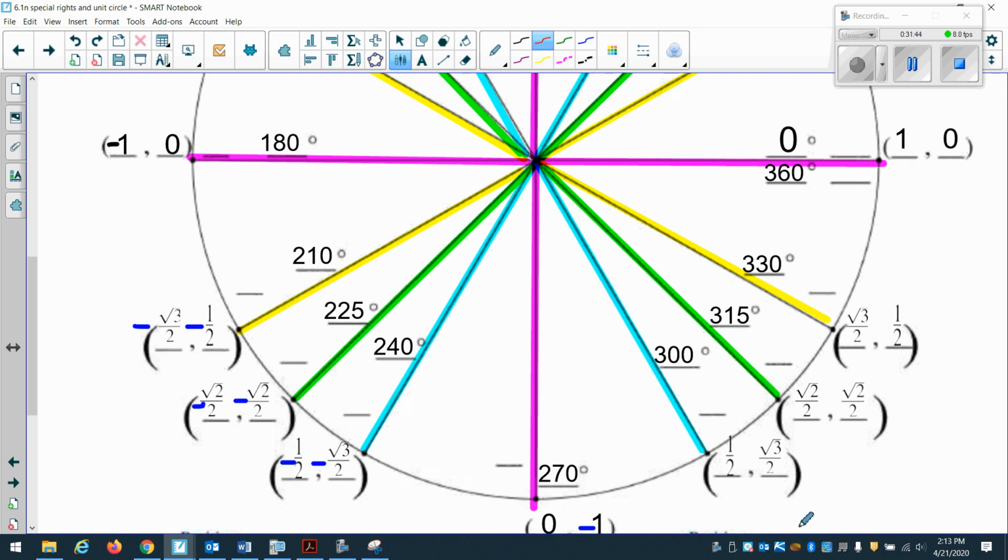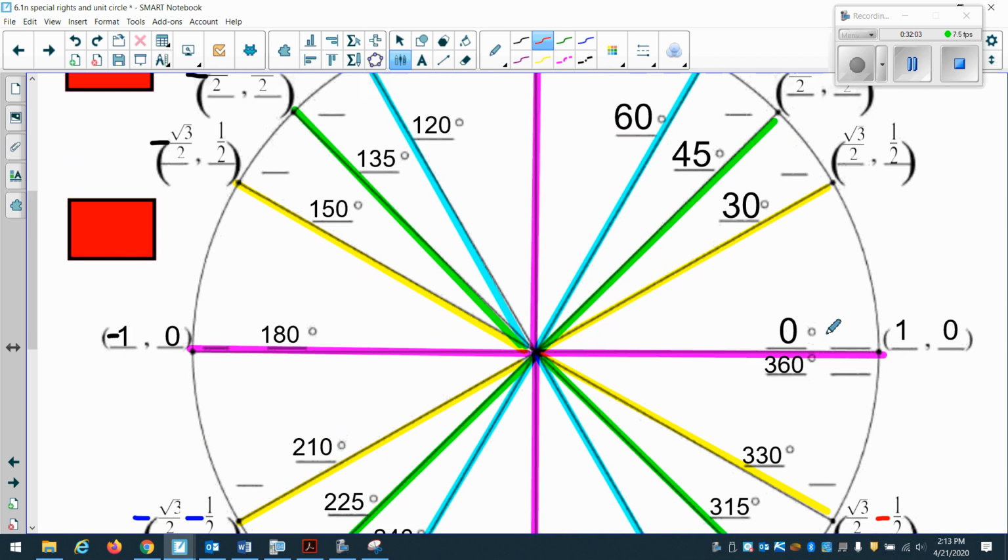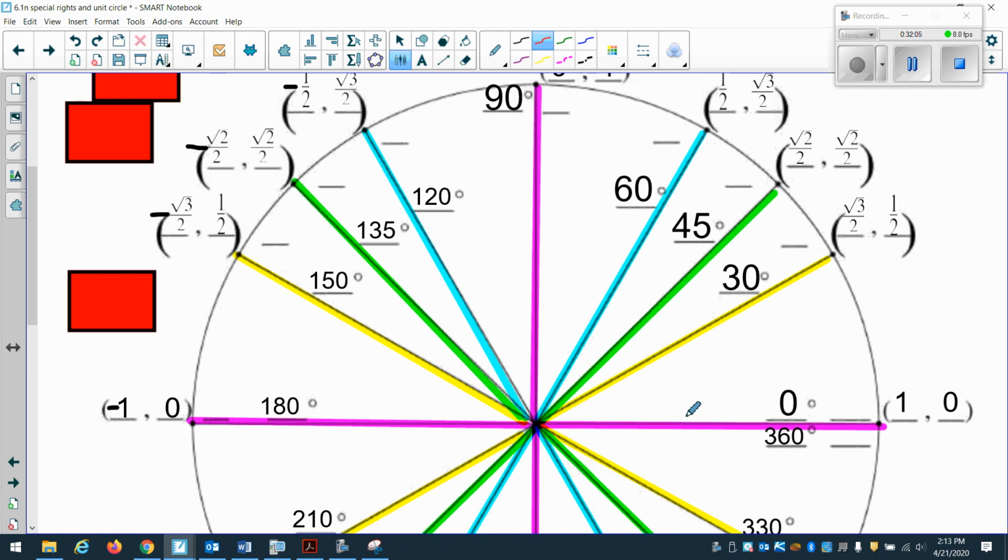Well, in the fourth quadrant, y is still negative. However, x is now positive. And 0 and 360 will be the same coordinate point, 1, 0. So right now, we just completely filled out the unit circle with degrees and coordinates.